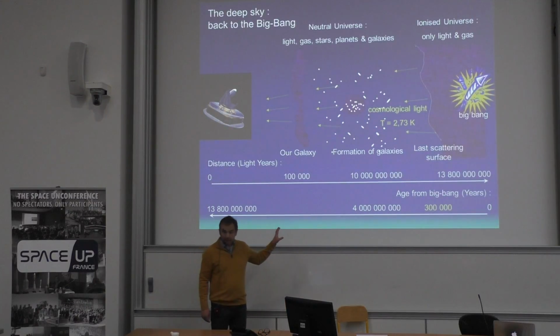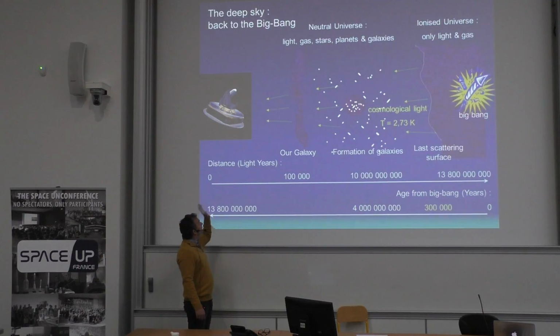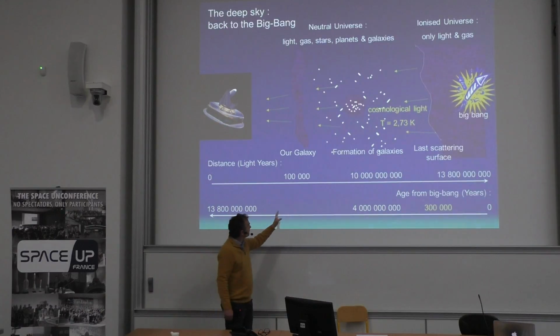So this basic sketch is not at all with the right scales, so we have to simplify. So we are here with our Planck satellite observing the sky, and so the basic principles are that the further are the objects, so this is a scale of distance in light years.